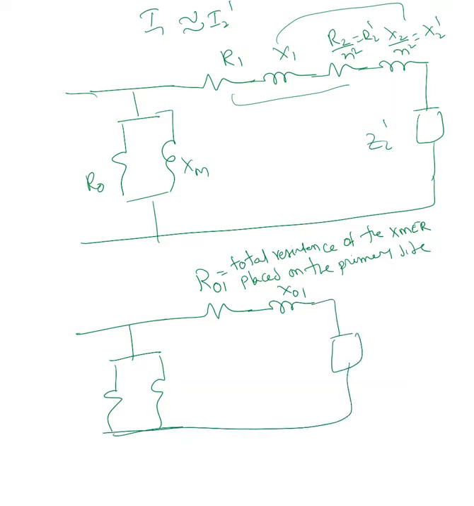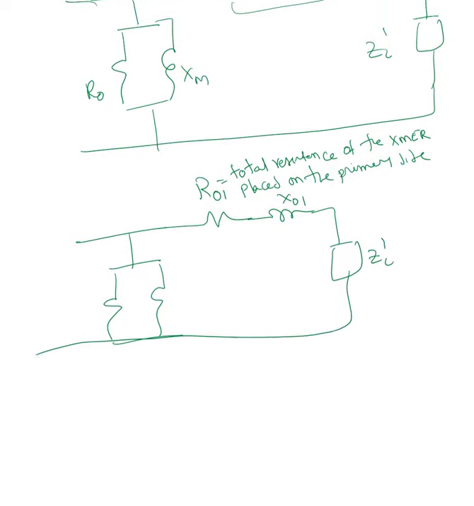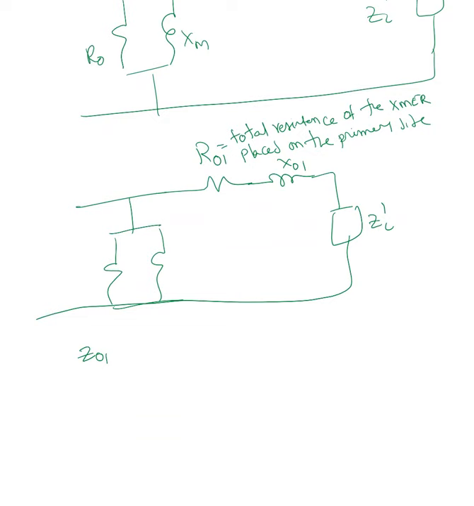And you will have ZL prime. So here I'm going to represent this as Z01, the total impedance of the transformer after transferring everything into the primary side. Now this is a simple electrical circuit. I can solve for required parameters.